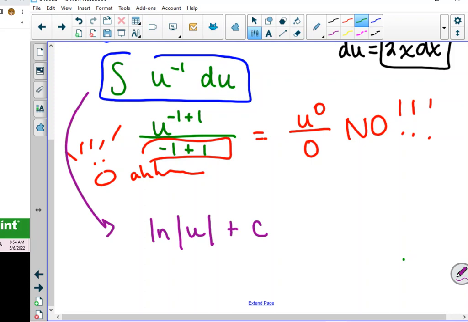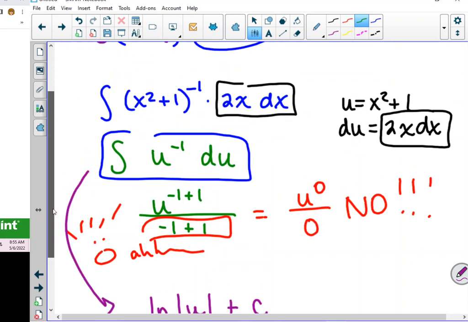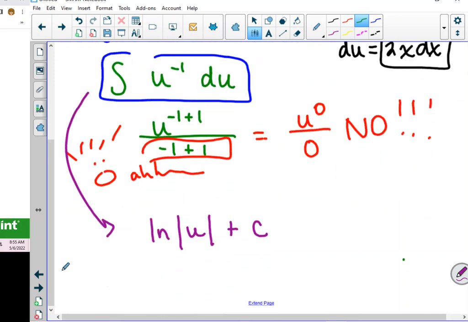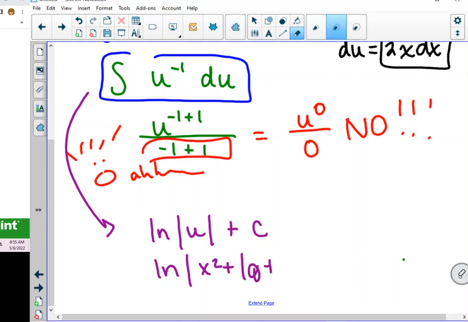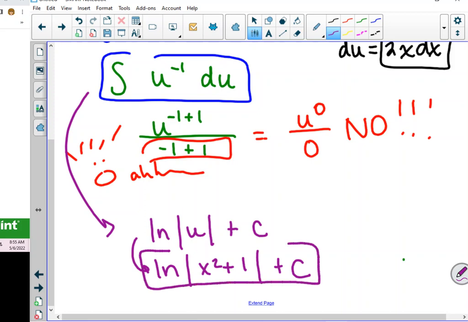So you always have to make sure that what you take the natural log of stays positive, or the whole function won't work. In this case, x squared plus 1 would always be positive, so we wouldn't necessarily need the absolute value, but it's still good to write it. Oh, I'm forgetting my 1. Natural log of x squared plus 1, plus C. So that would be the answer.